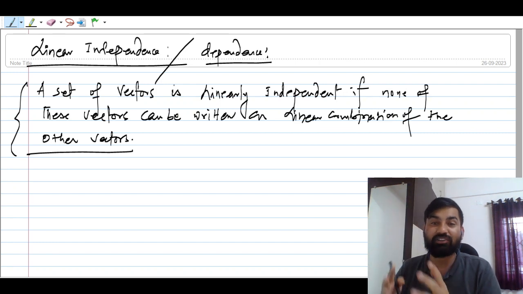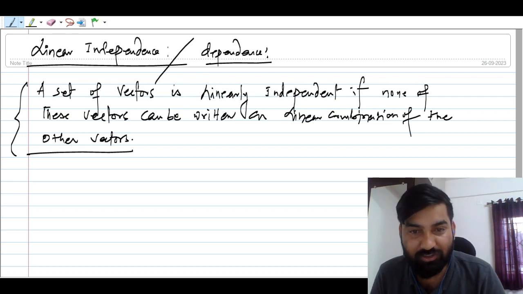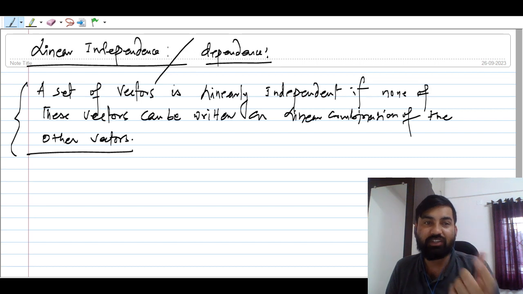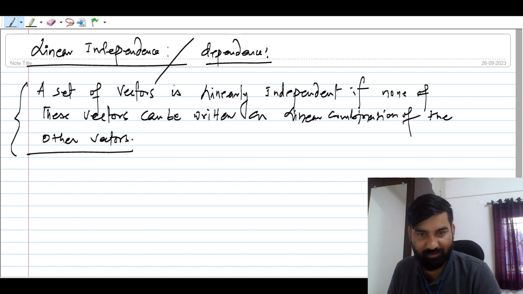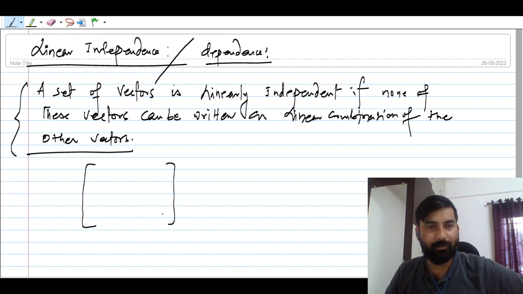अगर आप linear combination लिख पा रहे हो, if you are able to express them as a linear combination, right? Okay, so none of these vectors can be written as a linear combination of the other vectors, ठीक है? मतलब क्या है, जैसे मान लो कोई एक मैट्रिक्स है, if you take one matrix, let me show you here. मान लो एक मैट्रिक्स ये है, ठीक है, 1 2 3, okay, and this is 4, this is 5, this is 6, and you take this as 5 7 9, right?